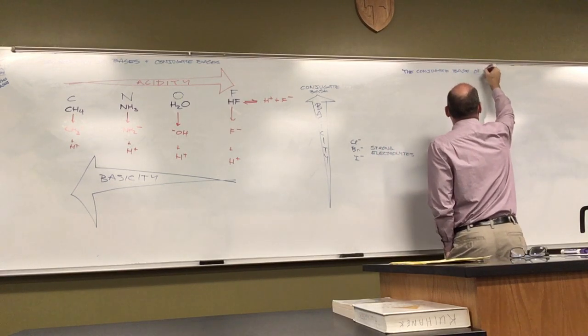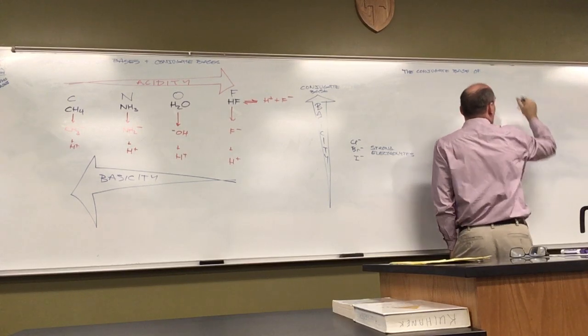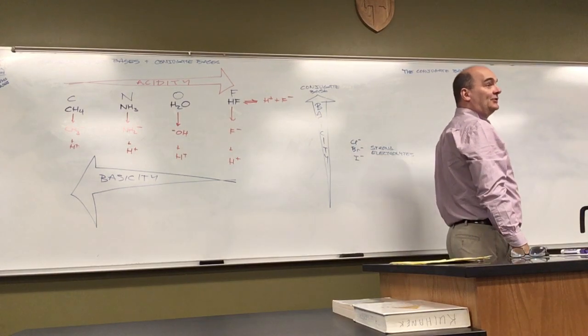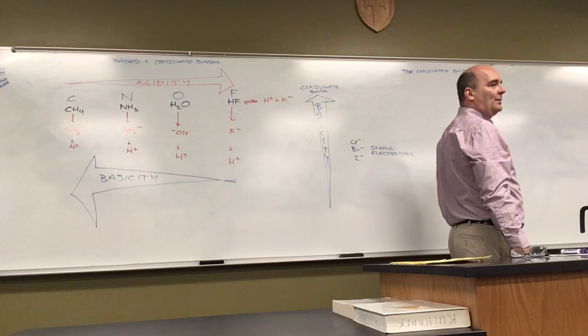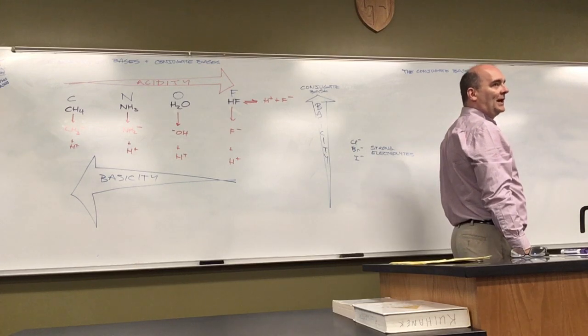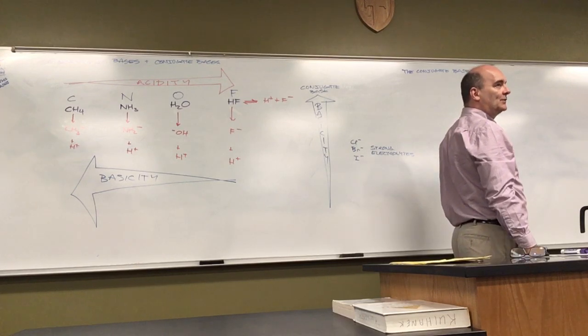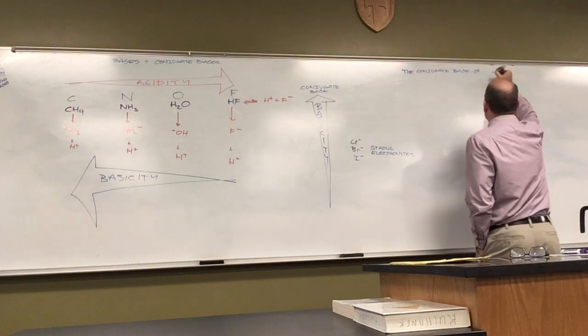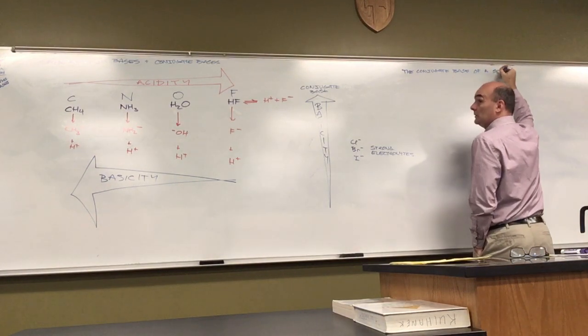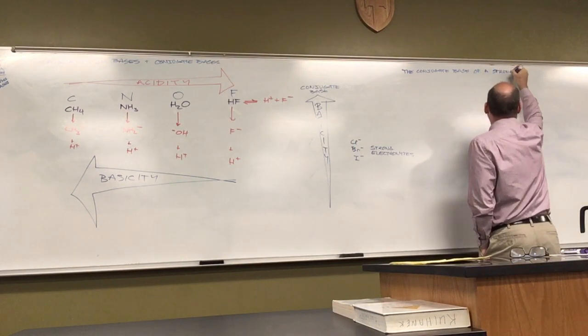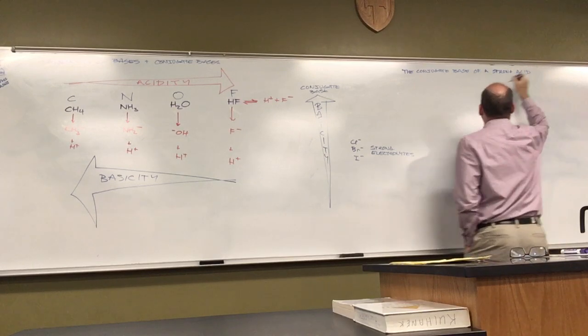Conjugate base of a strong acid like HCl is not interested in recombining, in being a base and finding an H plus and recombining to make the acid.